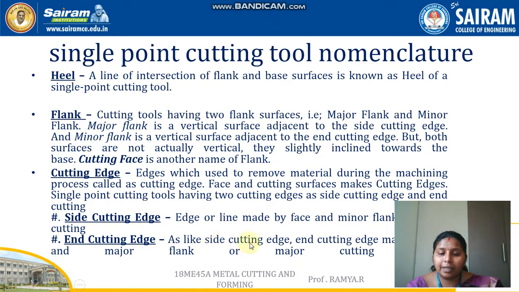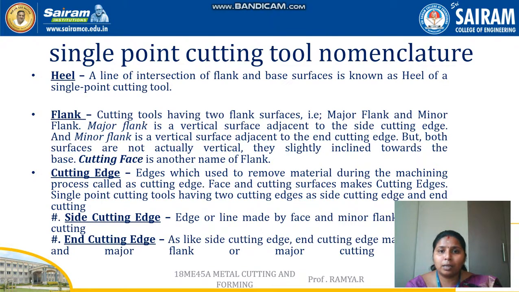And like the side cutting edge, the end cutting edge is made by face and major flank. So face and minor flank combine together to form the side cutting edge, and face and major flank combine together to form the end cutting edge. So this is about the nomenclature of a single point cutting tool.